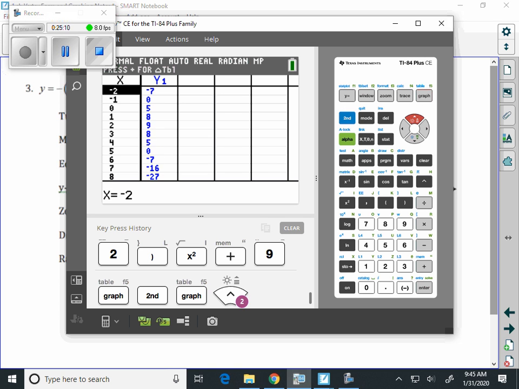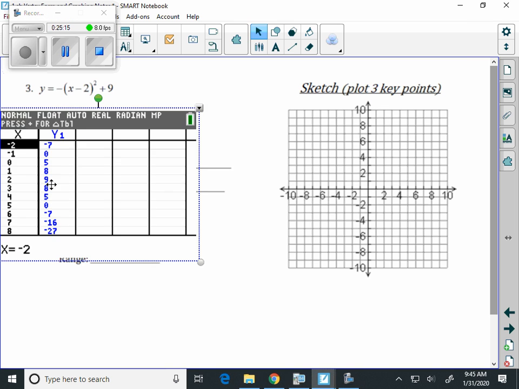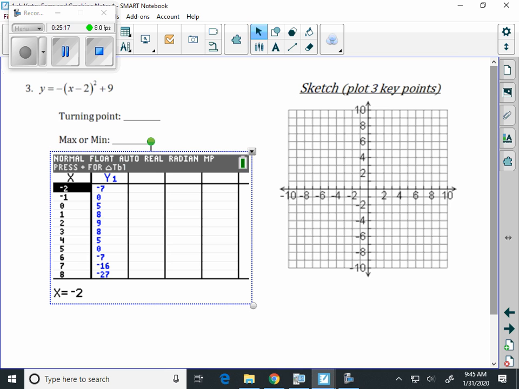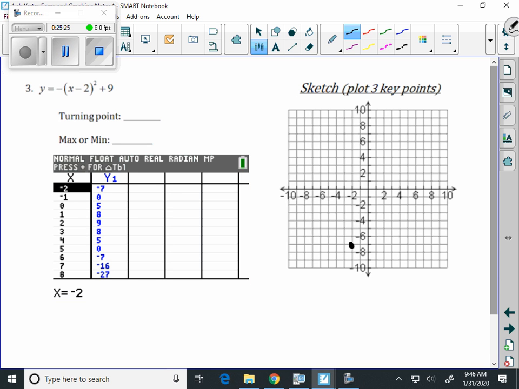And I'm just going to scroll a little bit more here to get a couple of values to help us graph. And this one, -2, -7, -1, 0, 0, 5, 1, 8, 2, 9, 3, 8, 4, 5, 5, 0, and 6, -7.